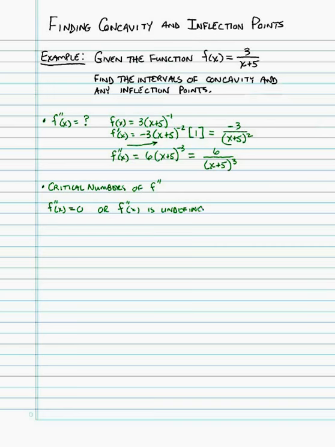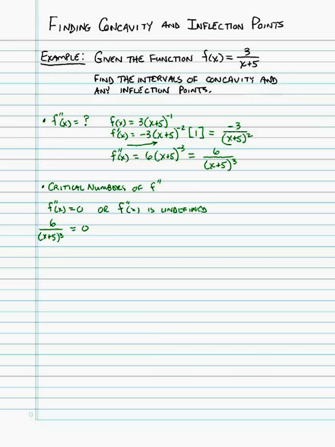And I think we've discussed before that the second derivative being 0 would be 6 over x plus 5 to the power 3 equal to 0. And the first thing I'd say is the only way we can have a fraction have the value 0 is if there's an x value that makes the numerator 0.